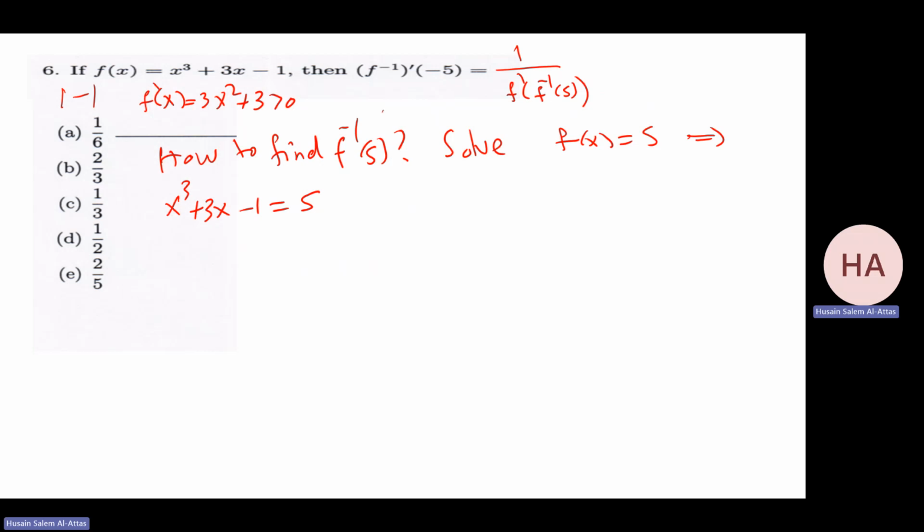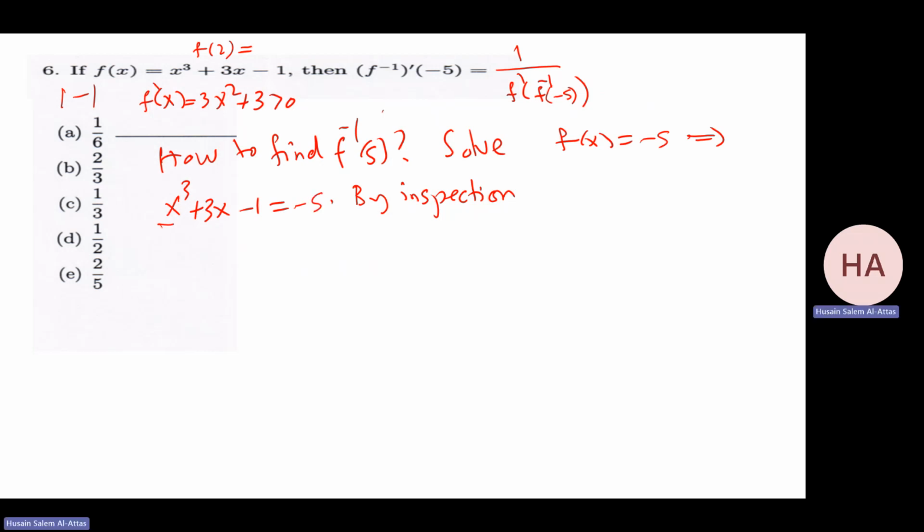Not easy to solve it, but by inspection, I have x equal to... f of 2. Notice f of 2 will be what? Not f of 2. Oh, it's minus 5. Sorry, this is minus 5, not 5. So I need to solve this.